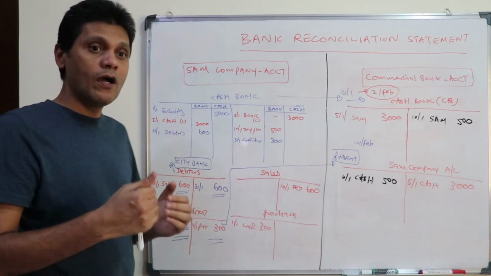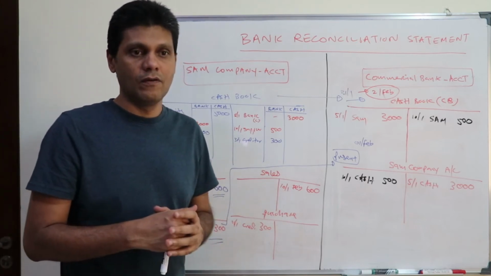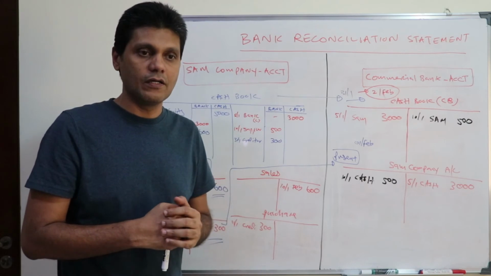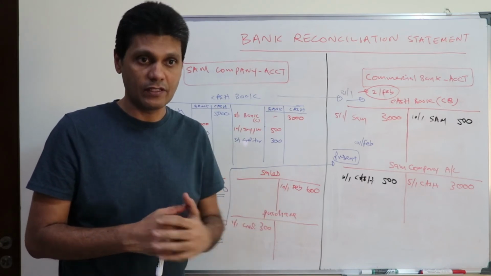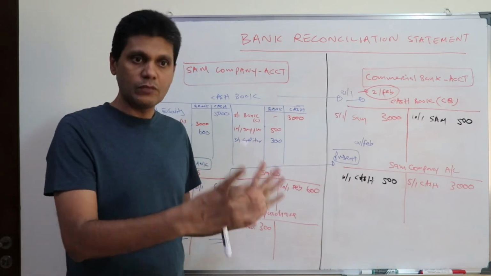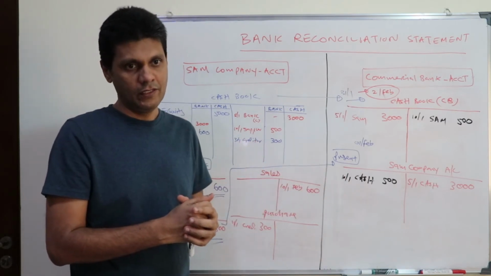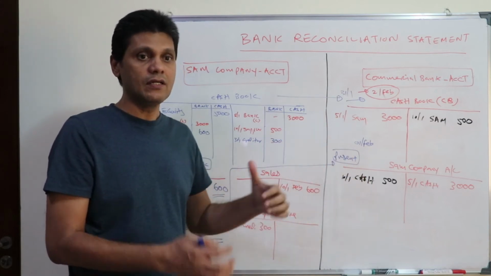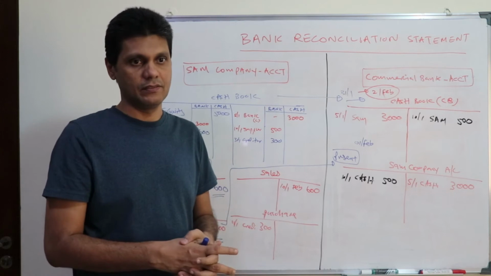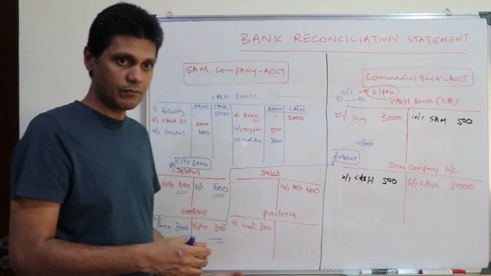Now at the end of 31st January, at the end of the month, we have to close the books. So when you close the books, what will happen? Bank will send us a bank statement.